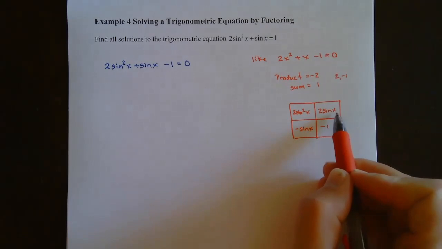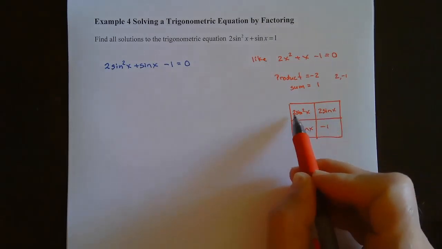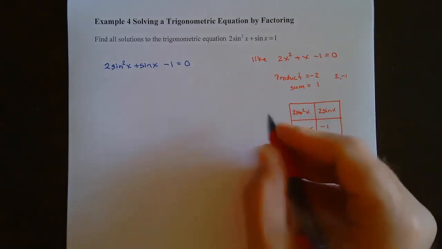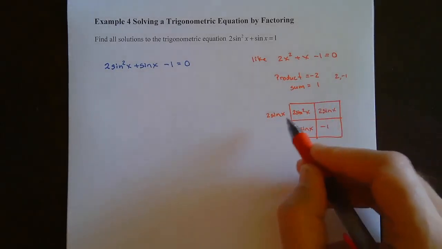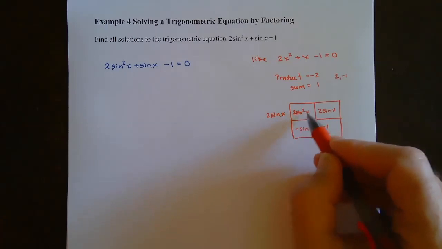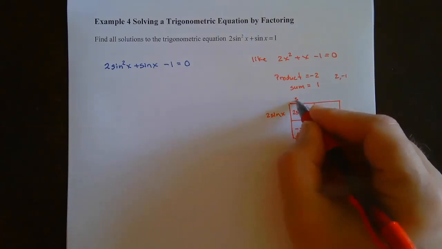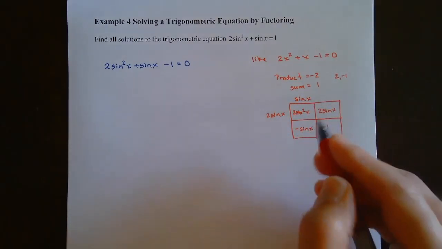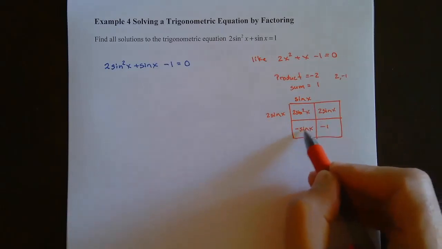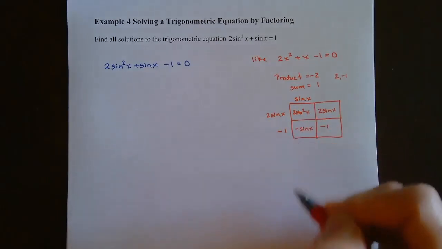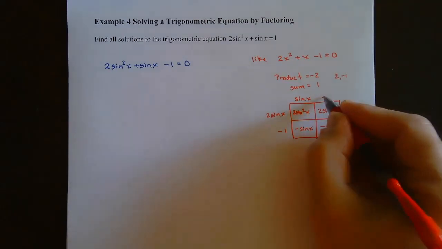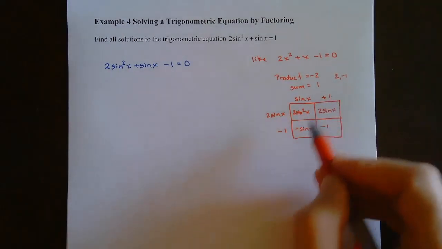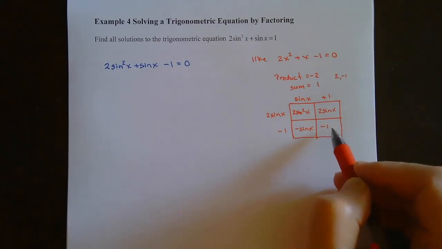GCF across the top is a 2 and also a sine x, so this is 2 sine x. And 2 sine x times what would give you 2 sine squared x? Well, this would have to be a sine x. So sine x times what would give you negative sine x? Well, it would have to be -1. And 2 sine x times what would give you 2 sine x? +1, and then 1 times -1 is this -1.